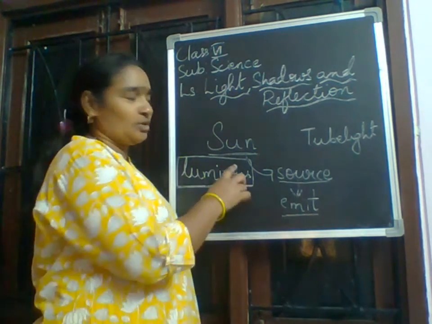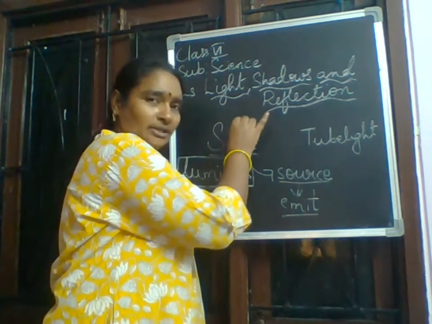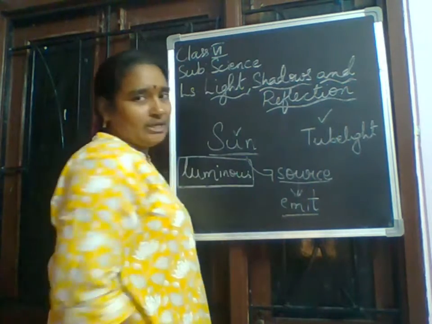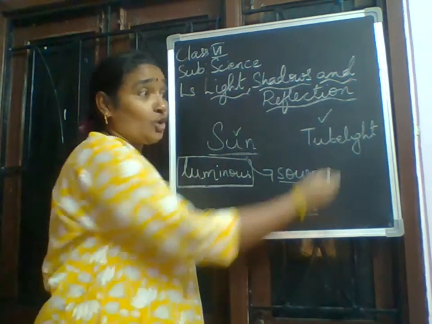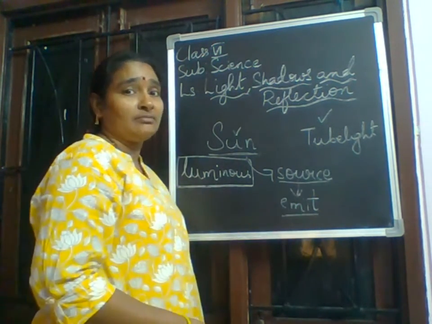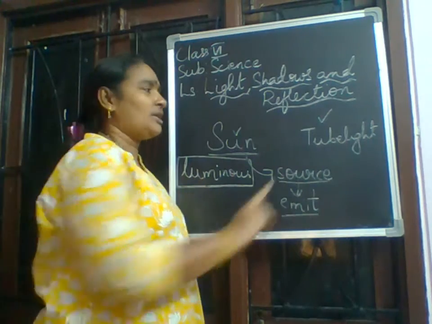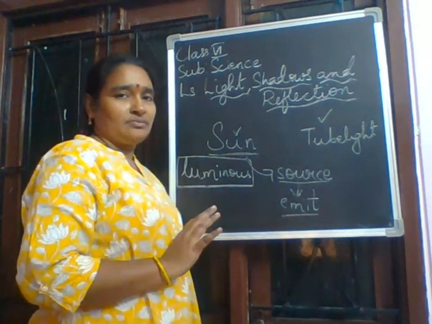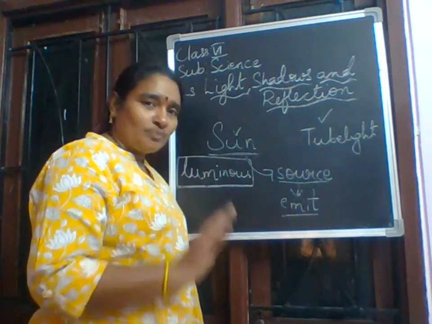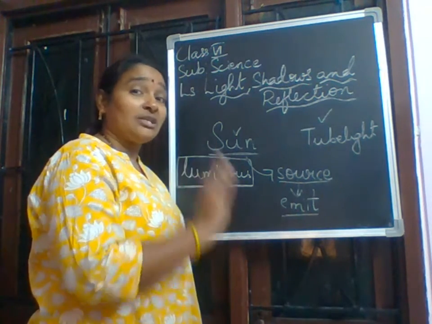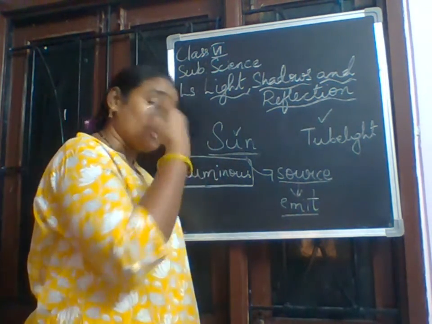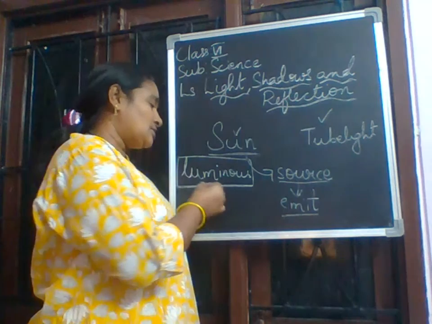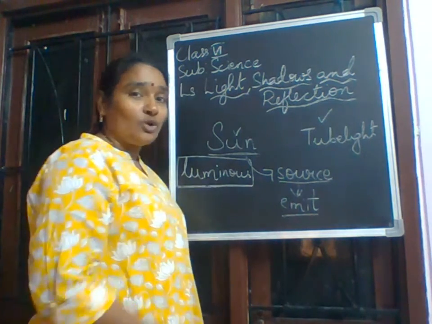I already wrote the examples here: sun as well as tube light. There are many others, like a torch or a bulb. Whichever objects give light, you can call them sources of light. The objects which emit light on their own are called luminous objects.